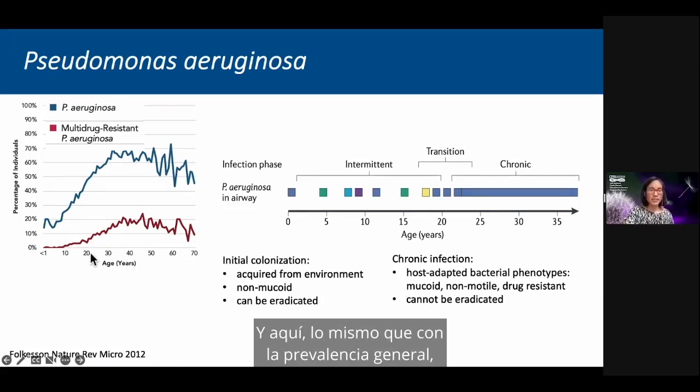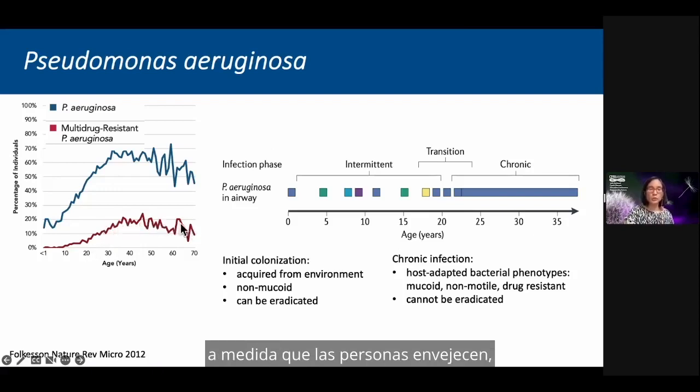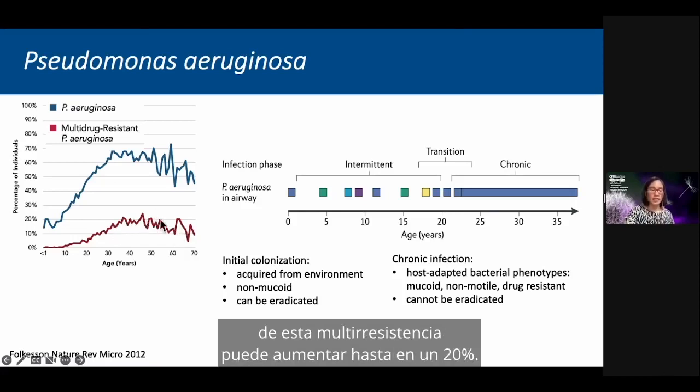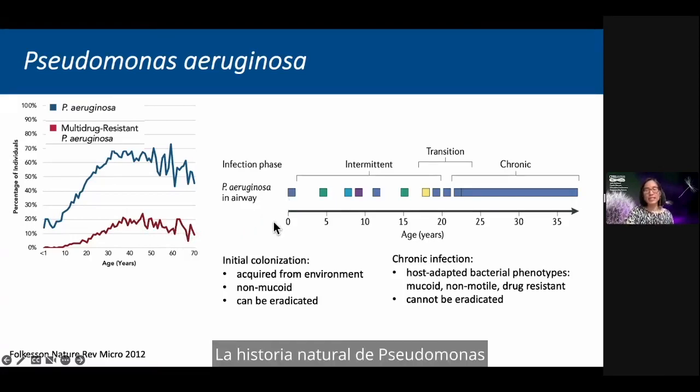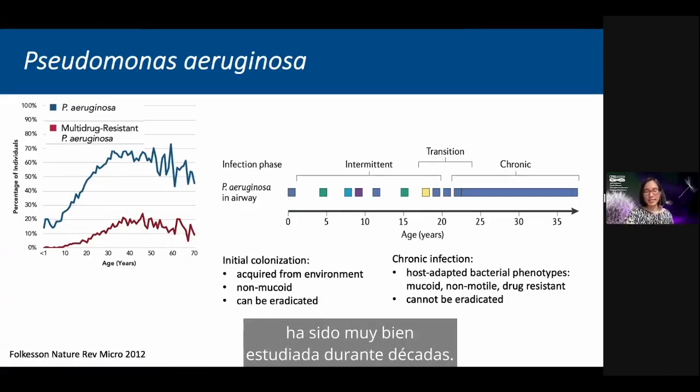And so here, the same thing as with the general prevalence, as people get older, you see that the prevalence of these multi-drug resistance can rise upwards of 20%. The natural history of Pseudomonas is one that has been very well studied for decades now.